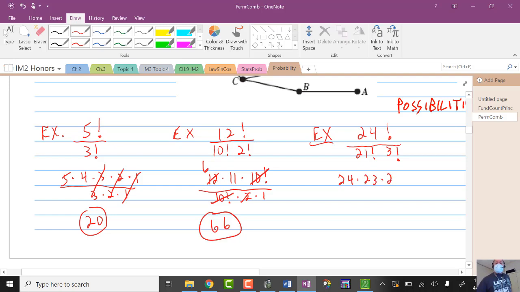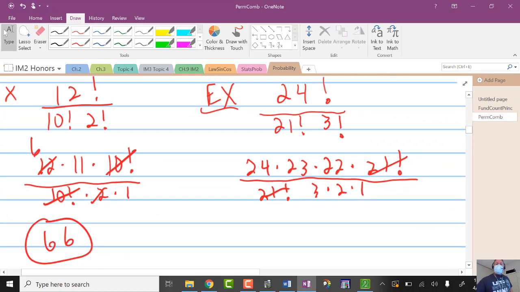I'd be so sad if the students keep writing this down all the way to 1 and not understanding this basic concept: that if I stop after 22 and then write 21 factorial, it just means it keeps going all the way to 1. And now I can cancel that with this 21 factorial. And then what do I do with 3 factorial? I write it out.